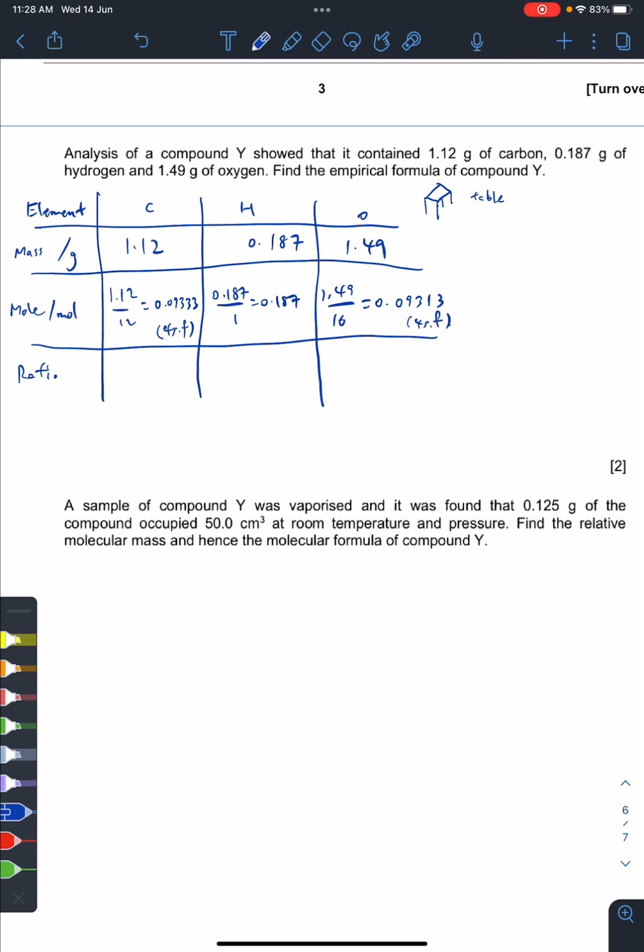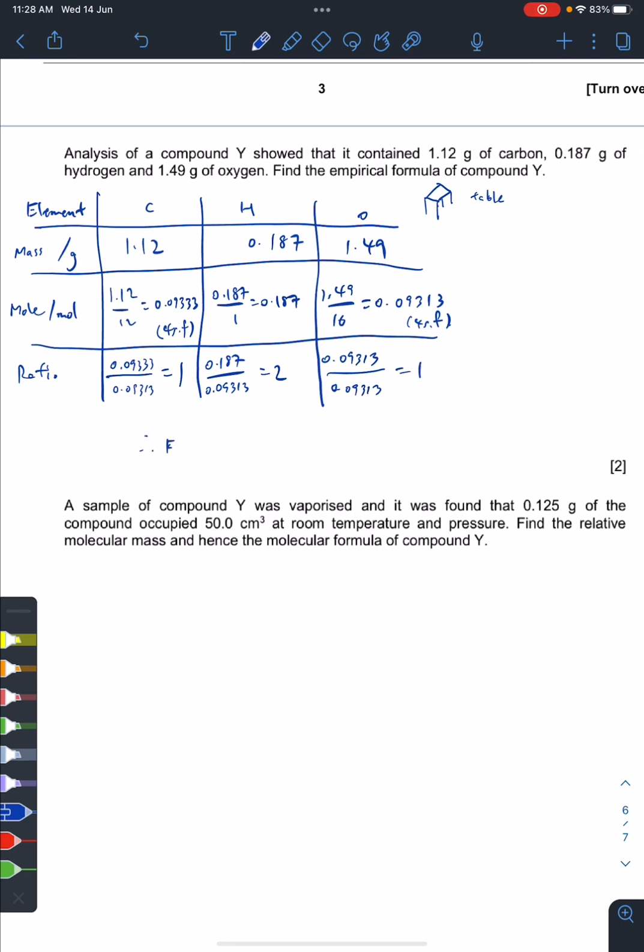Then after that you divide by the smallest. 0.09333 divided by 0.09313 is basically 1. 0.187 divided by 0.09313 is 2. 0.09313 divided by 0.09313 is 1.